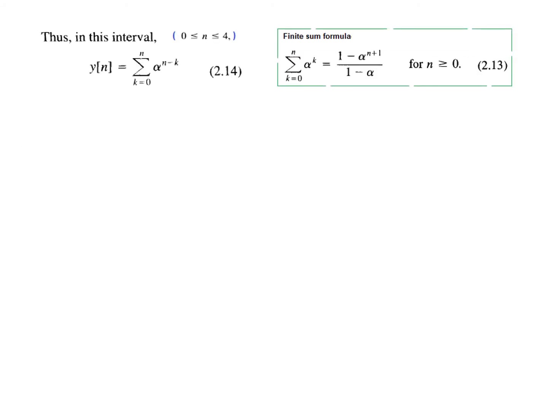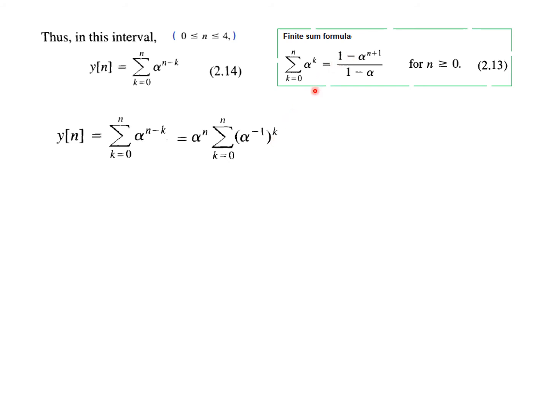And now we'll take help of the finite sum formula to further simplify this. Now the difference here is that this formula is for a power k, whereas we have a power n minus k, but we can split it because n is a constant, k is the variable here. So we can write it like this, that this can be written as a power n outside, and inside we have a power minus k, which can be written as a power minus 1, power k.